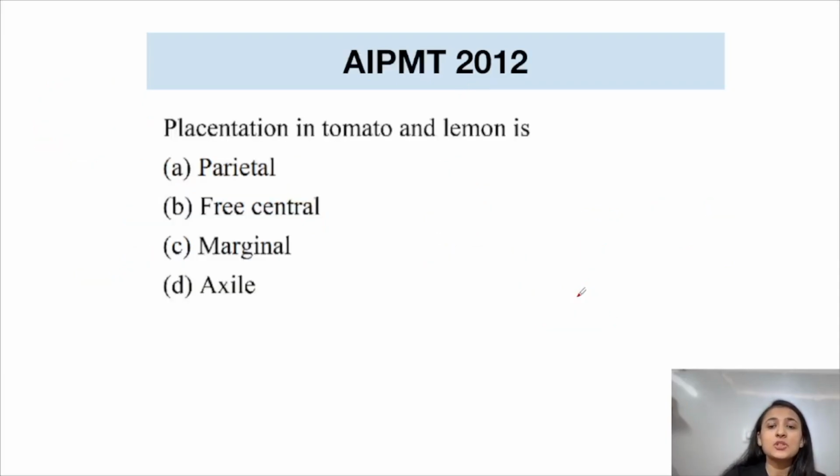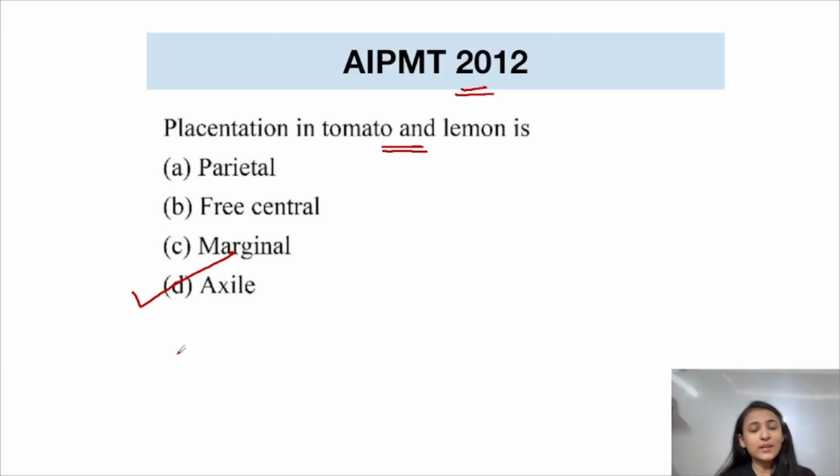Now, placentation in tomato and lemon is... this question is from AIIMS 2012. Placentation in tomato and lemon is axial placentation. So in axial placentation, we studied that there were 3 examples: China rose, tomato and lemon. In axial placentation, the ovary is divided into numerous chambers. There are septa present in the ovary, which divide it into numerous chambers or locules.